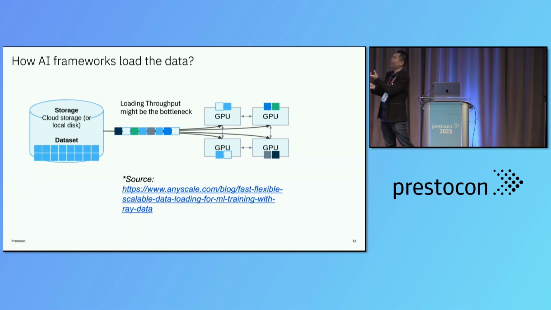If we're talking about images, you can take a look at this blog from Anyscale. It's about Ray, another open source AI training framework. They have some analysis about the throughput and also why they are using streaming here. I won't go very deep, but I just want to say the throughput for AI machine learning training can be very high.